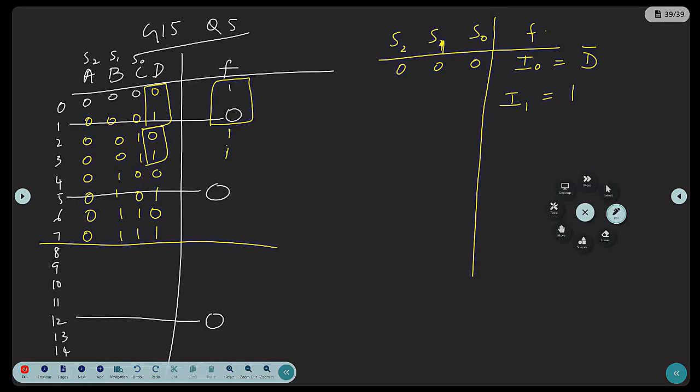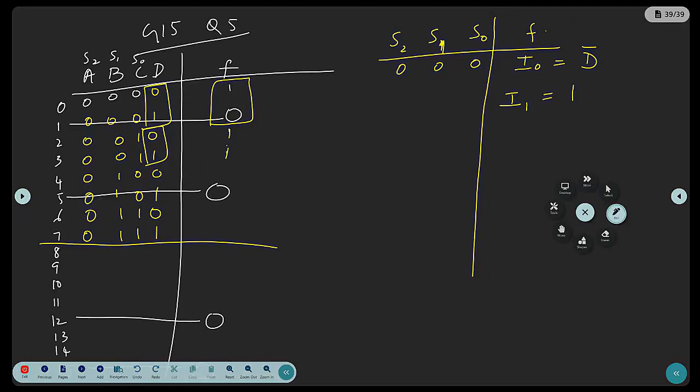So I'm trying to draw the relation between F and D. If F does not depend on D, I'll just give whatever value, either it is 1 or 0, I'll connect that. If F depends on D, then I try to connect that pin there. Spend 5 minutes, you will understand. It's not tricky part. It's the same thing, the other question also. I'll do the other question also on board, don't worry.